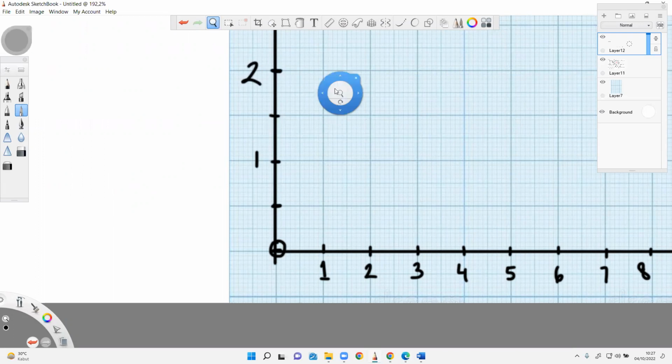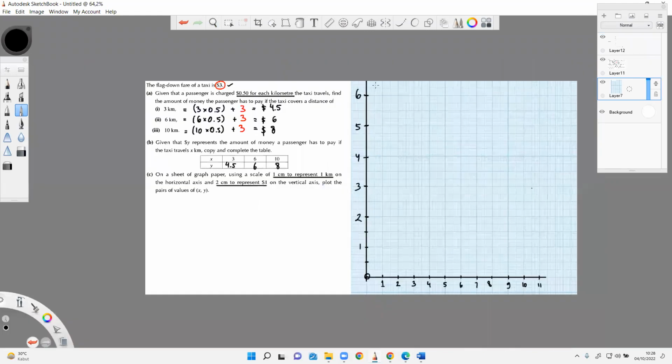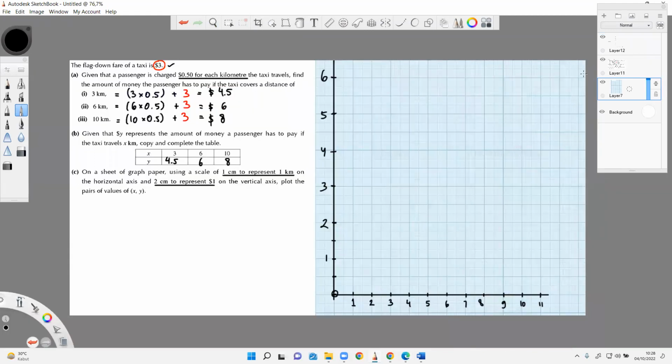Every 2 cm. Understand, guys? Until 8, 3, 4, 5, 6. Okay, not enough space, so it's a big deal. We have to make the numbers less. Okay, make the drawing smaller.